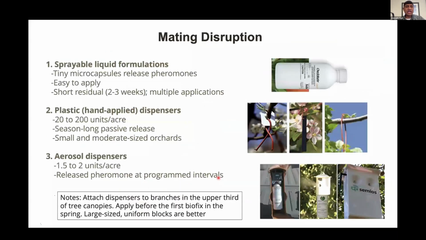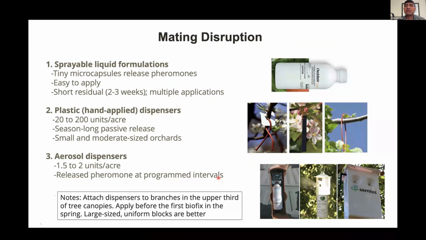Mating disruption: if you have an orchard of significant acreage, 10 acres, 20 acres, 50 acres, something like that, you can use mating disruption options. There are all different kinds. There is sprayable mating disruption, and dispensers of different types: passive dispensers, flowable, as well as aerosol dispensers that you can apply.